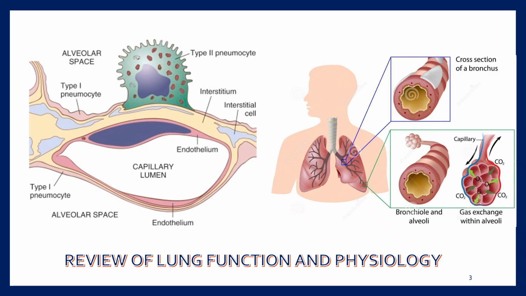Let's start with normal, because pathology is just normal gone wrong. At the functional level, the lung has one job: move oxygen in, move carbon dioxide out. That's it. Everything else exists to support that goal. Inside the alveoli, we find type 1 pneumocytes. They're thin, flat, squamous cells.